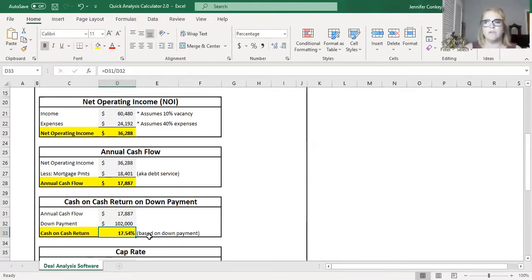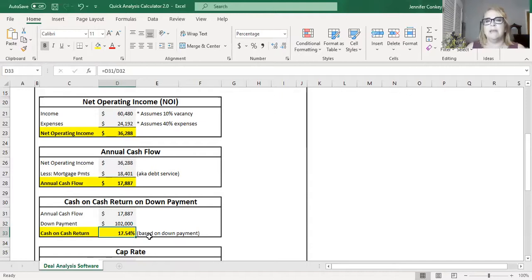And this is where the whole idea of leverage comes in. And it's why real estate investors use leverage, because you can take a pool of money and you can spread it out by getting loans so that you can get more property, you can get a better return on your money. Now, cash on cash return is neither a good or bad thing. It just is.